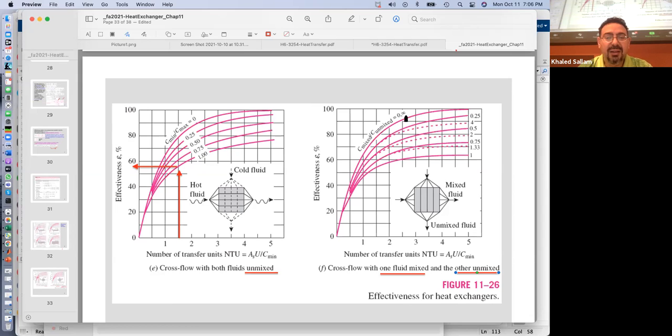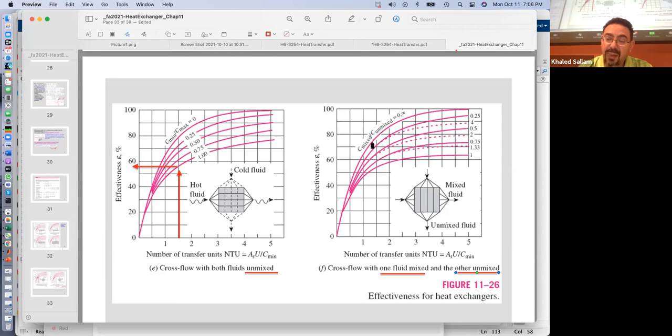So they all go from 1 to this curve. One of them is dropping, from 1 to 0.75 to 0.5 to 0.25 to 0, and the other one is actually increasing from 1.3 to 2 to 4 to infinity. Right?